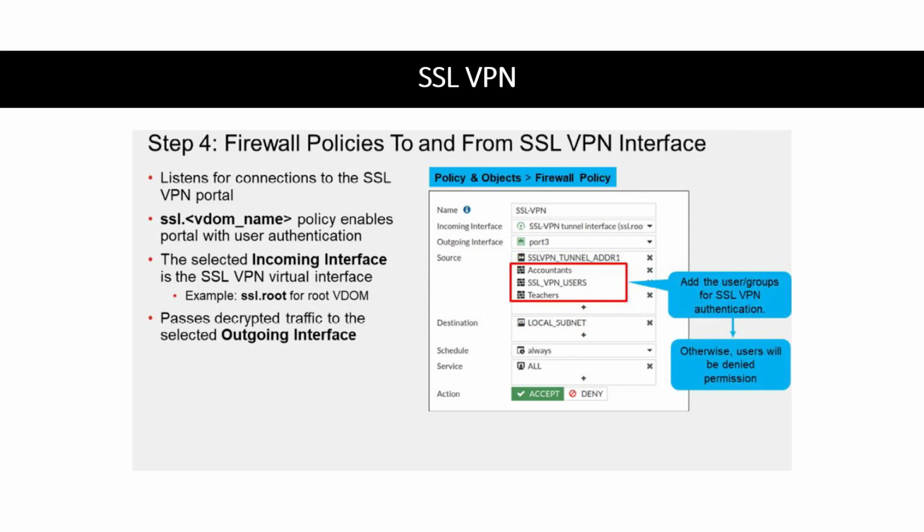Whenever we create this firewall policy, we need to define the IP address range, and we need to define the users in the source. That is who we're giving access to via the SSL VPN policy.